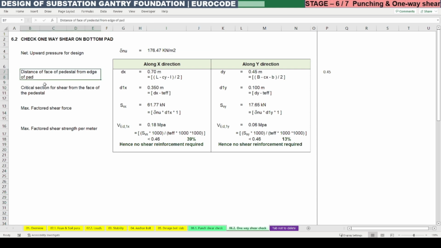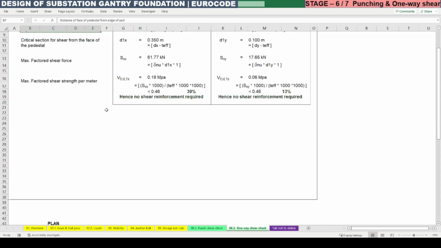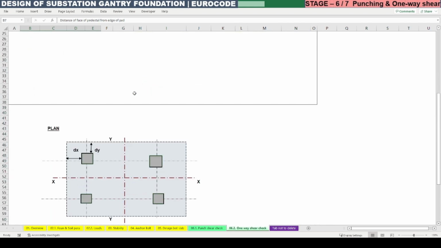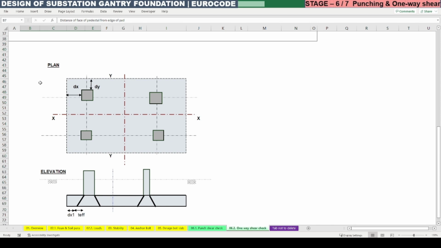The distance of the face of the pedestal or column from the edge of the pad we need to find out. This distance is nothing but, here in the picture you can see in the plan view, dx is the distance from the face of the column or pedestal to the edge, which we need to calculate.